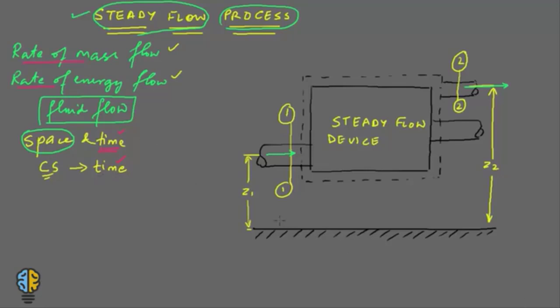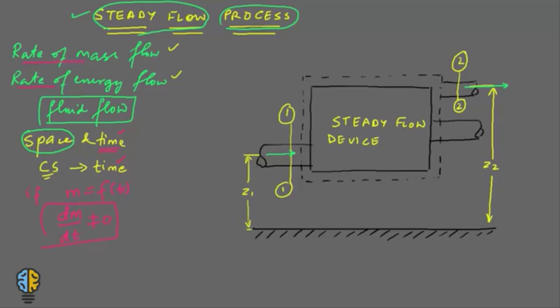So it means that if the mass in a particular control volume is a function of time, then the mass will change with respect to time.